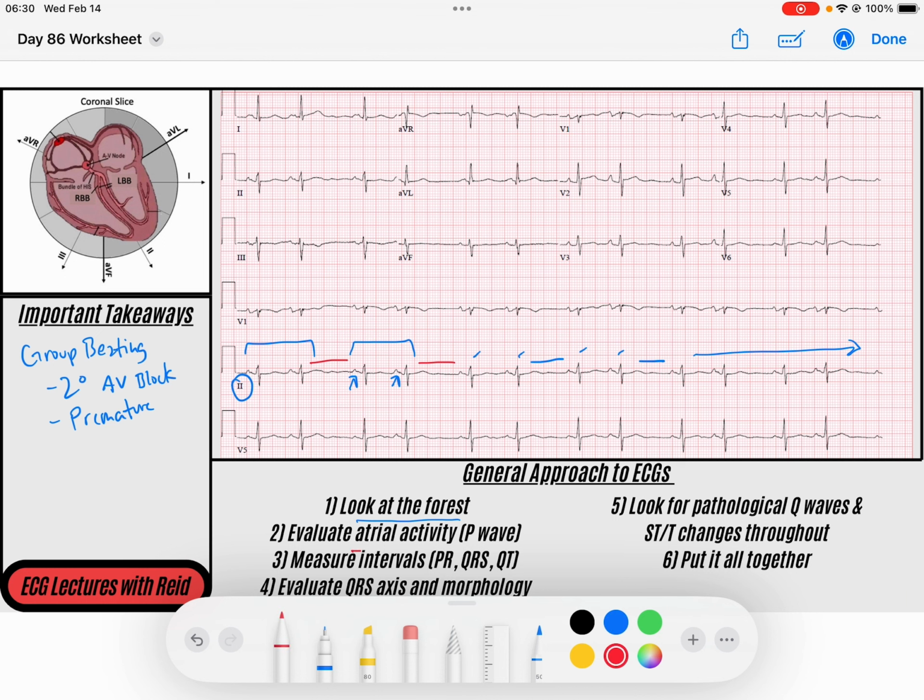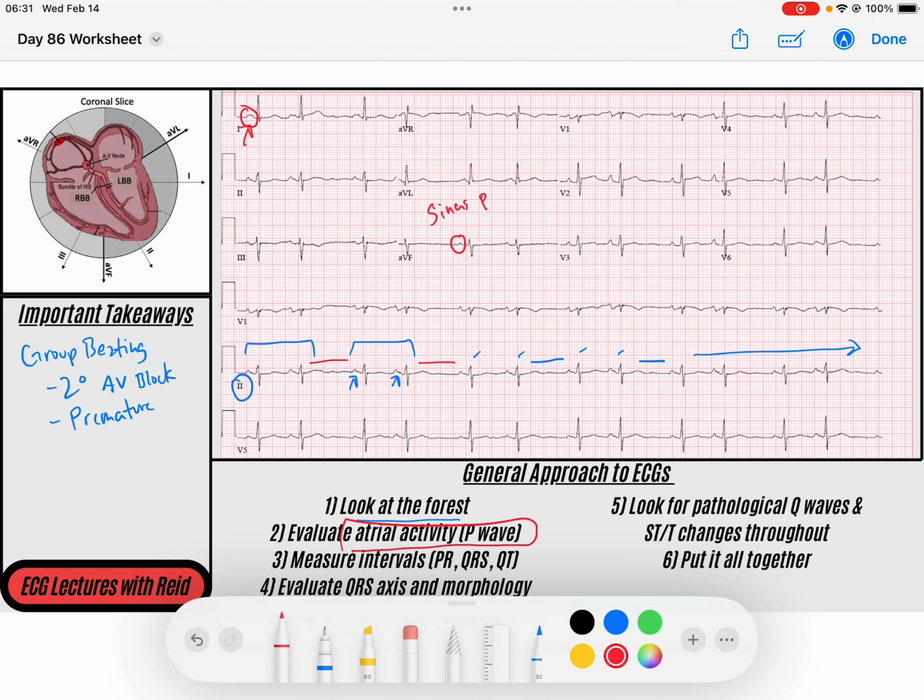So let's evaluate our P wave morphology. What is the atria doing? I'll pick maybe the first in our bigeminy. We've got P waves that are upright in lead 1. They're upright in AVF, and so these are sinus P waves. And then when I look at the second P wave, it looks very similar, but if you scan through, you see that there are some small subtle differences in some of the amplitudes of the P waves.